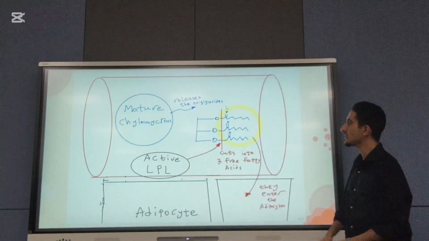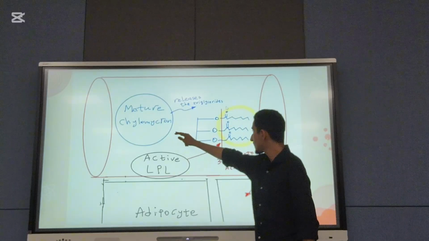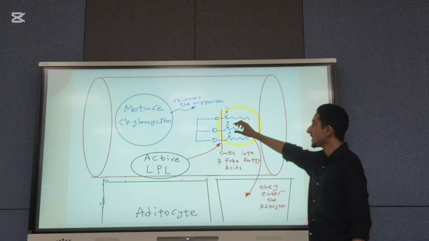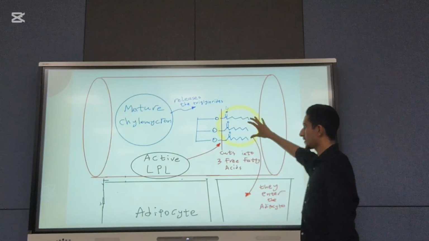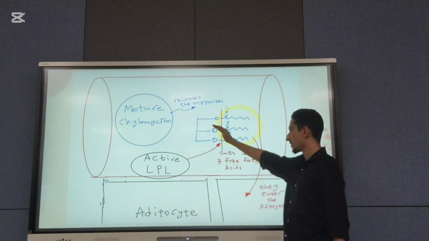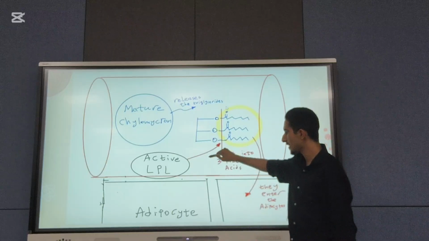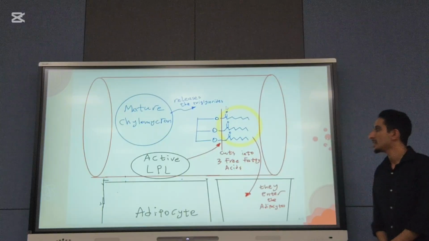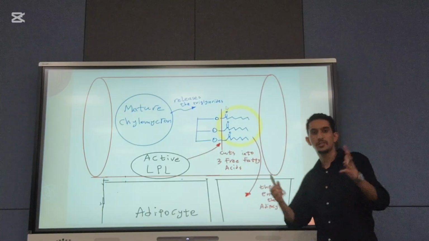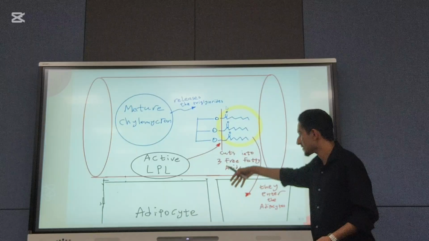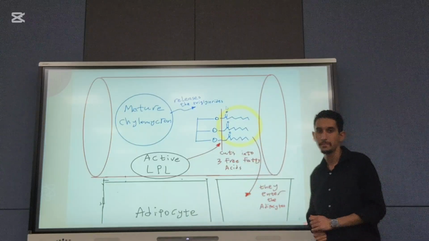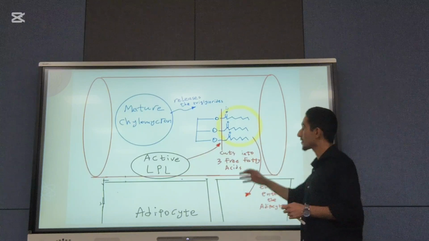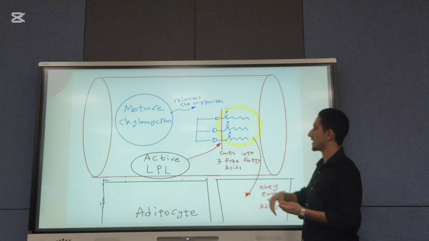Here is the mature chylomicron. Here is the triglyceride in the chylomicron. The chylomicron will release these triglycerides in order for them to pass down to the adipocytes. We said they are a bulky, very big structure. They cannot pass like this through the blood vessel wall. What will we do? We will try to break the triglyceride into 3 fatty acids.